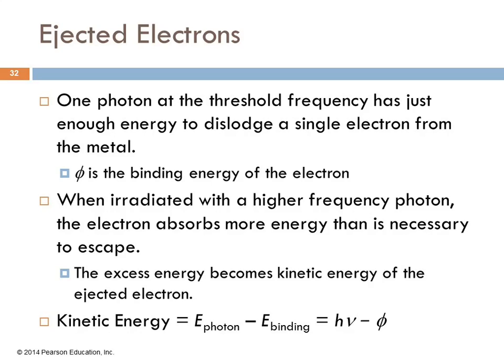So here we have the electron. The energy of the photon is you coming in with a certain amount of money. The energy that's binding is like his bail amount. Okay? So if you come in with exactly the amount for his bail, he's going to get out, but he's not going to have any energy left.